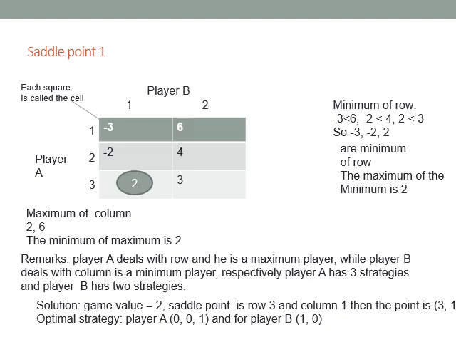Then the optimal strategy, he has 2 strategies only, player P. The optimal strategy for player B is to choose column 1. That means we are going to write 1. In the second column, he has no strategy. Then we are going to write 0. Okay? That's all.